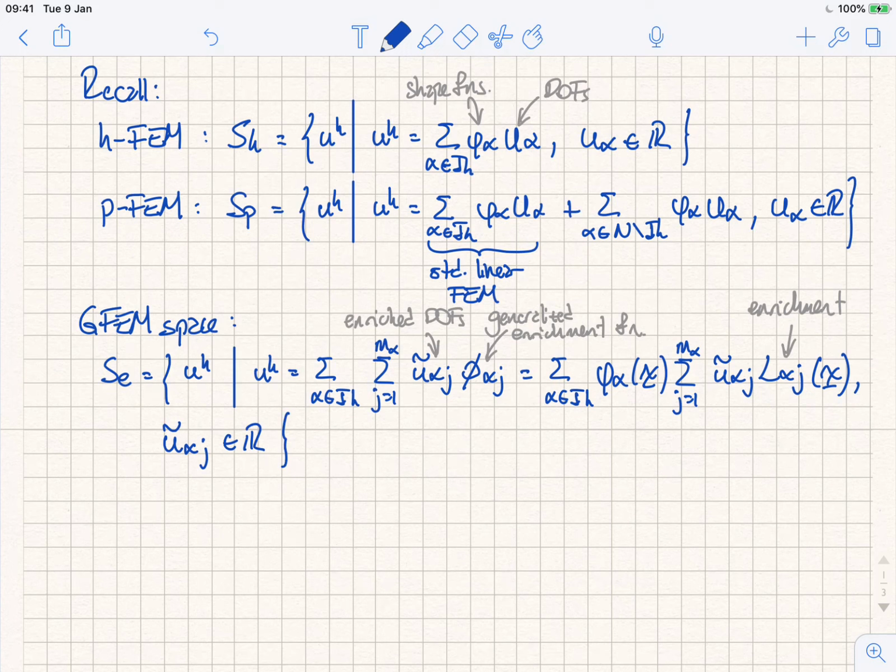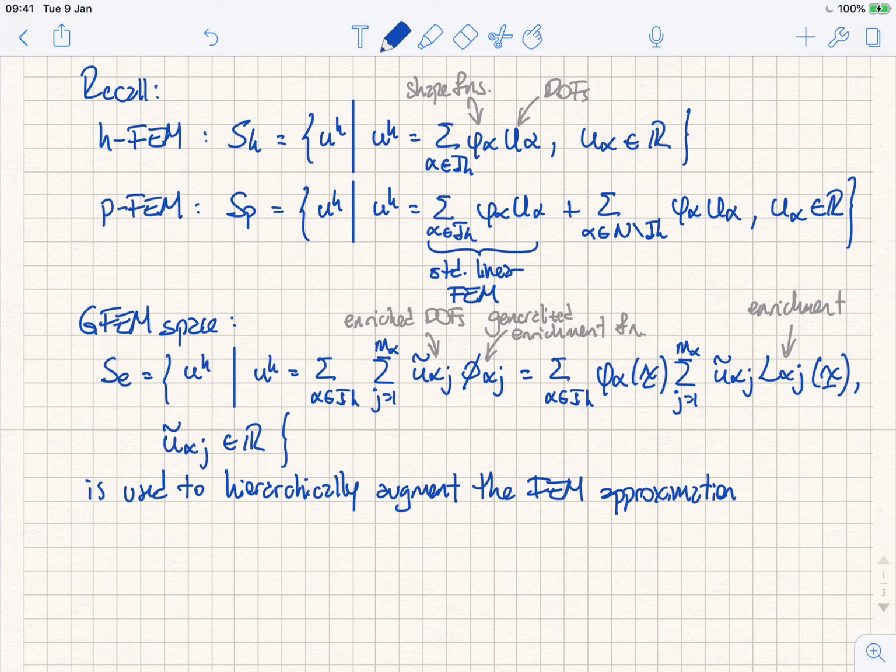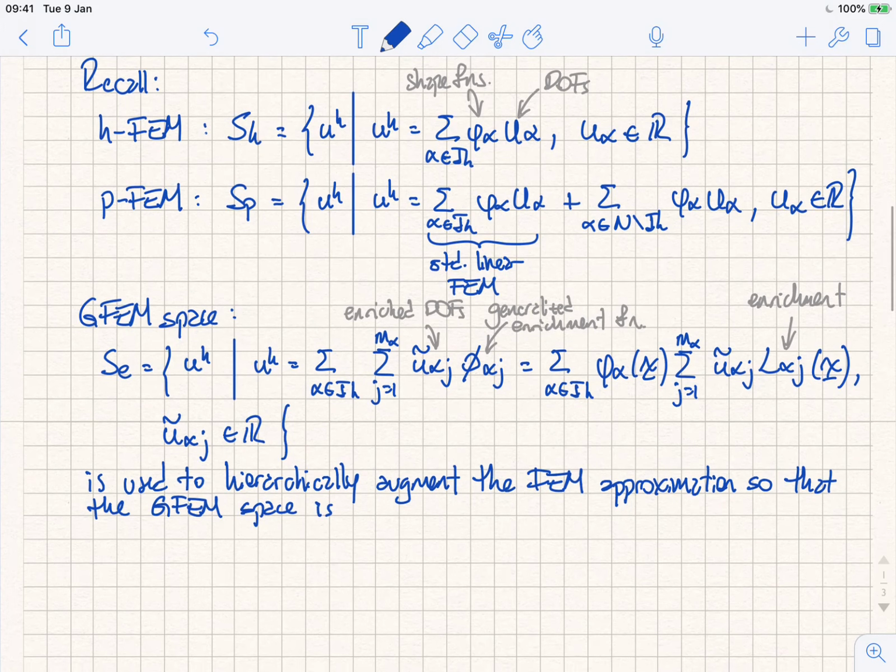So this space then is used to hierarchically augment the finite element method approximation so that the GFEM space is, now we are ready to put our GFEM space, because before we just had the enriched space.